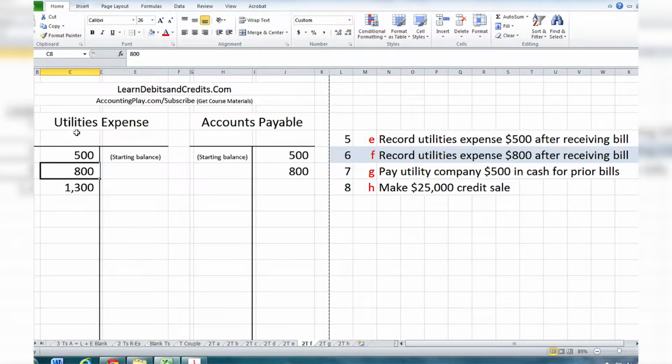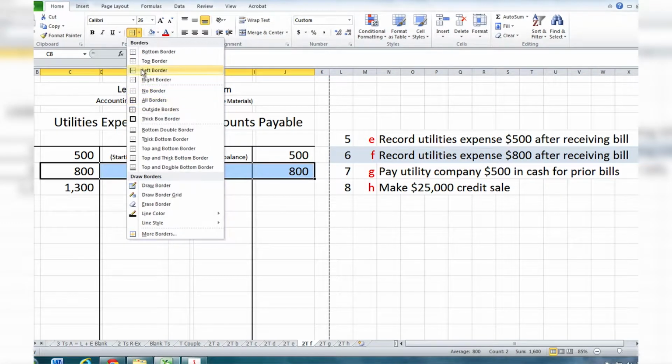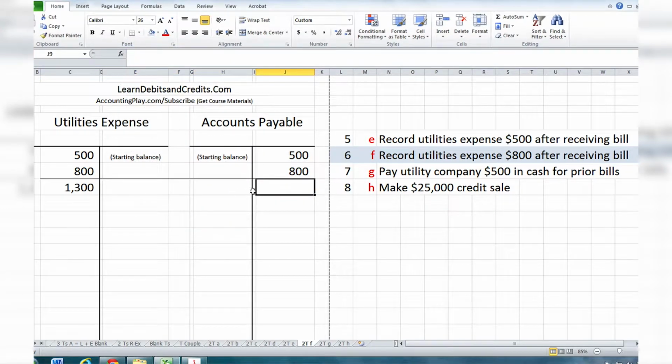Let's see what our ending balances are going to be. Now, keeping good workflow, good organization, can't stress it enough. So your debits equal your credits, great. There's been $1,300 of utility expense, $1,300 of accounts payable. The cash has not yet been paid.